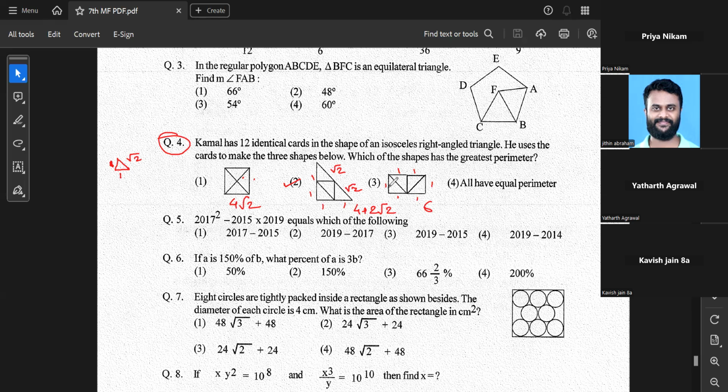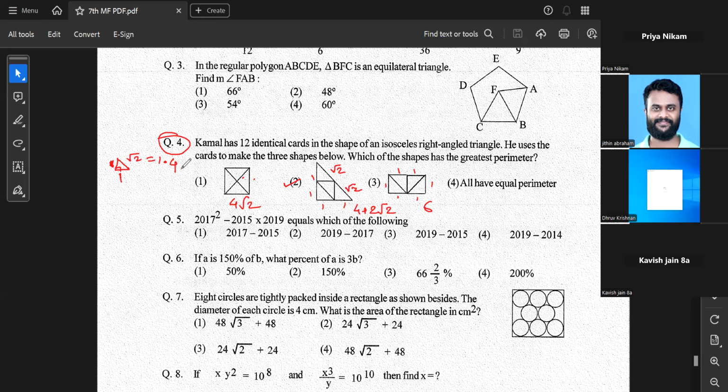Because if there is any twisted shape, you may get a wrong answer. This is a right angle triangle. If one side is 1, since it is isosceles, the other side should compulsorily be 1. And when you take Pythagoras theorem, the hypotenuse should be root 2 only. Oh, okay. So root 2's value is approximately 1.4 for those who don't know. Okay.